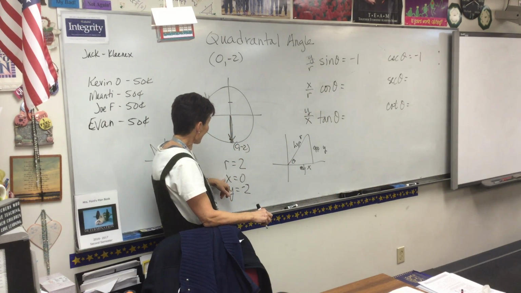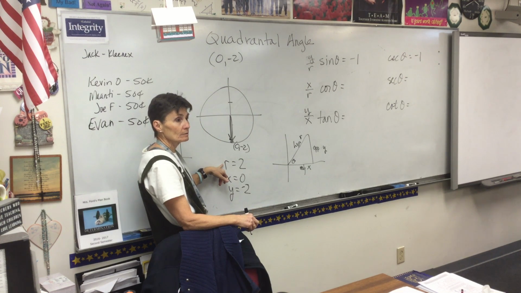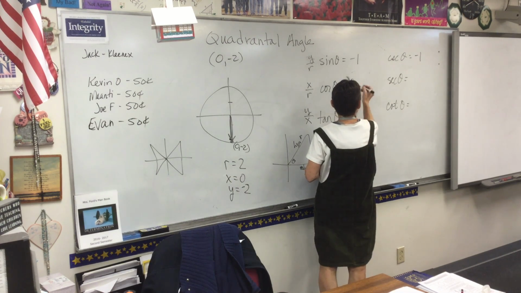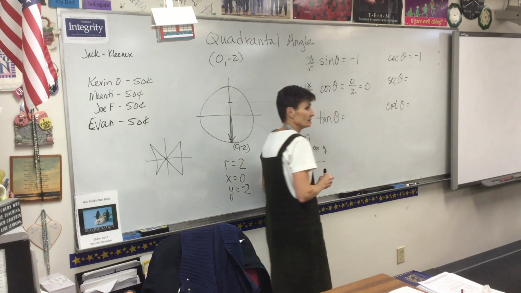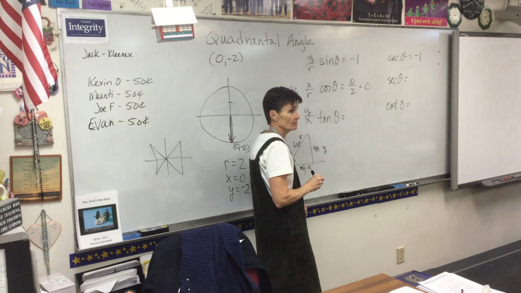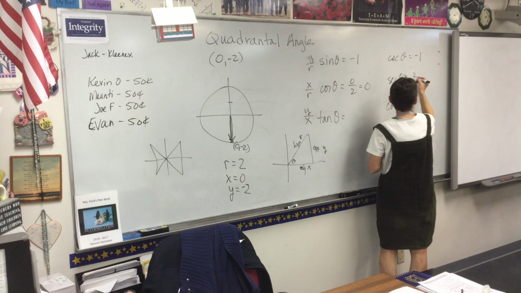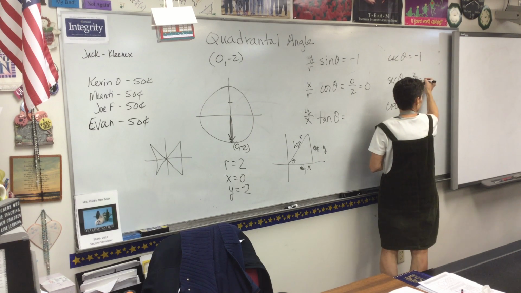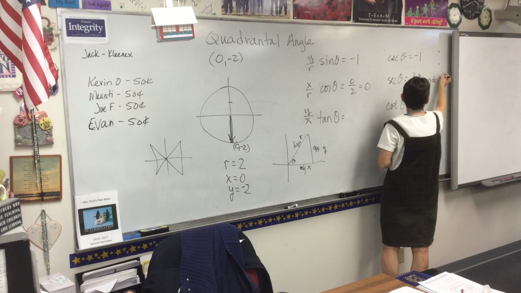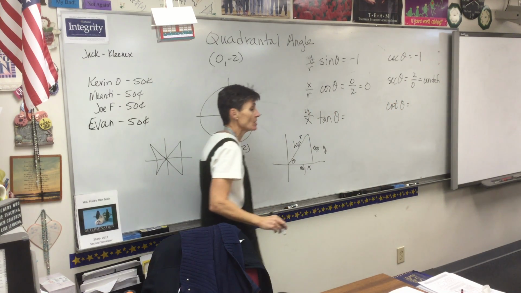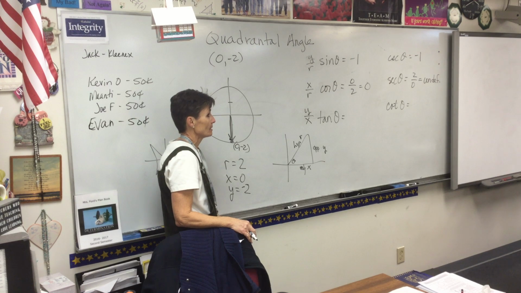What is x over r? 0 over 2 is 0, isn't it? But what happens when I take the reciprocal of that? I get undefined. There is no secant for this angle.